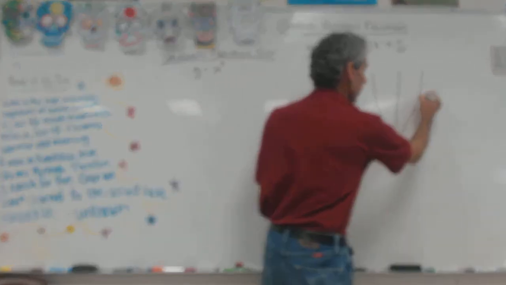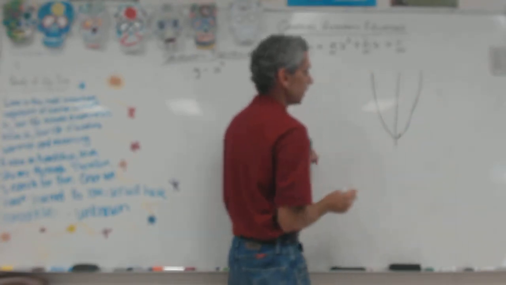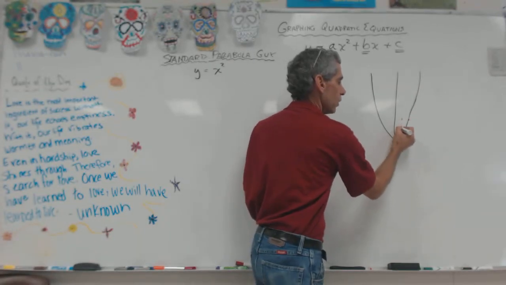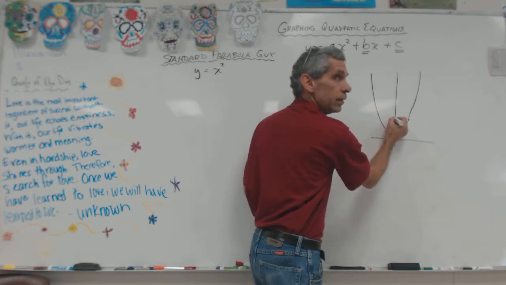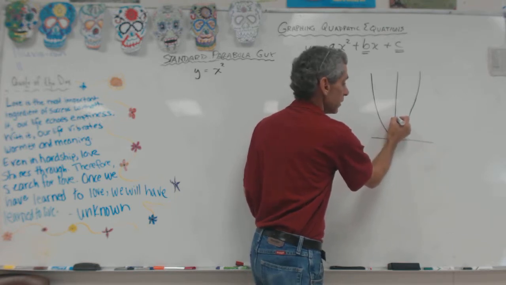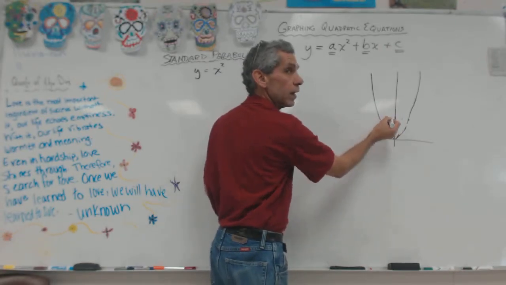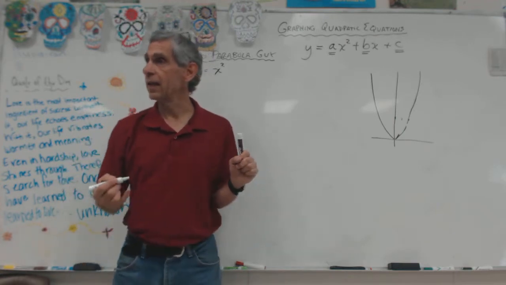It's not the best drawing of a parabola, but if I know this point right here and it's over, say, 2 places from this line, what do I know about how far this one is from this line? It's the exact same.